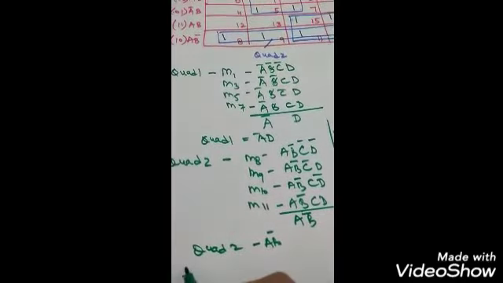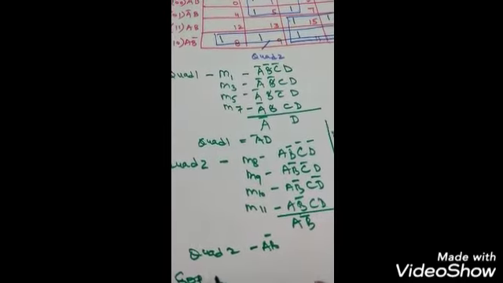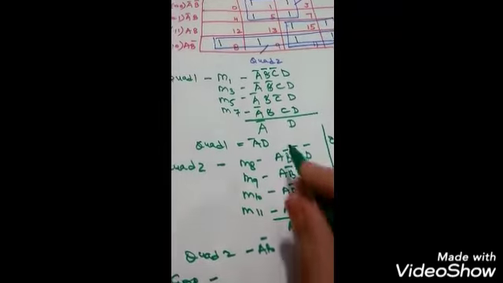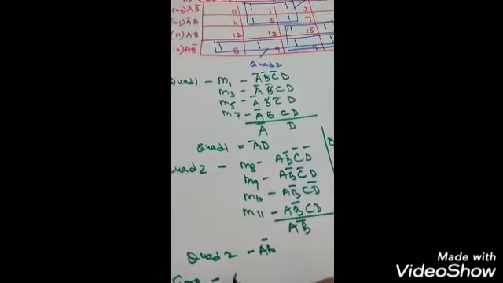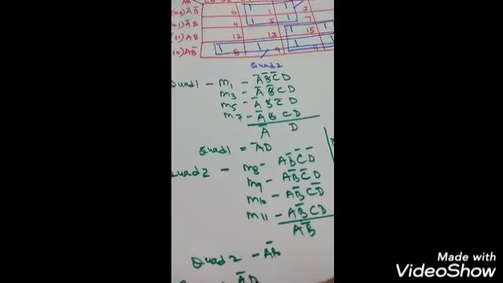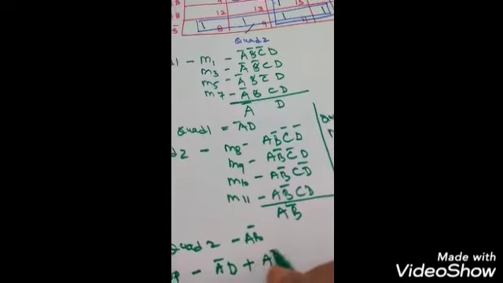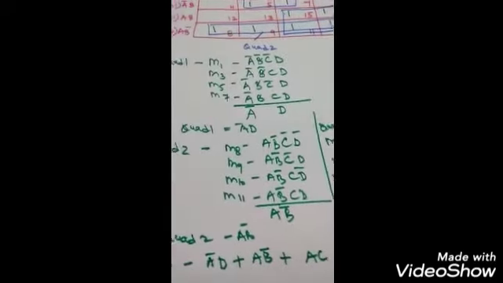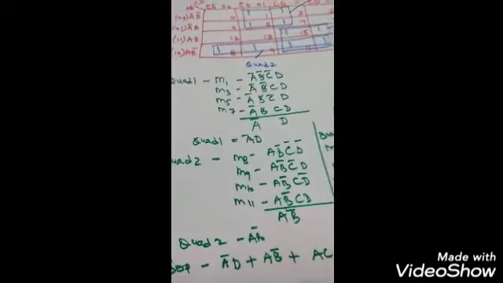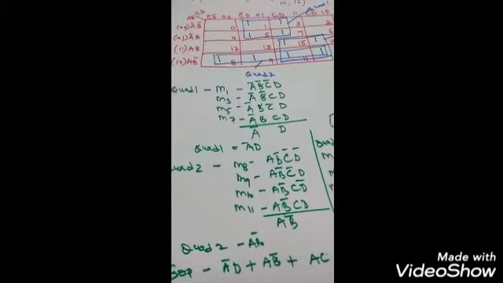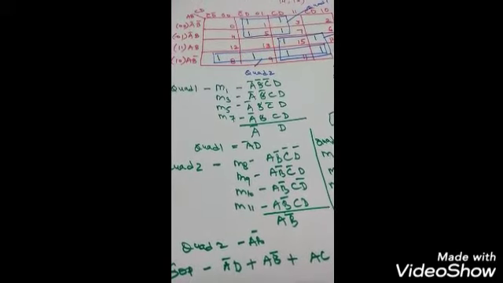So how will we write the SOP expression for this? The SOP expression is quad 1, A complement D, plus quad 2, A B complement, plus quad 3, A C. So this is the final SOP expression. As we have studied, it is called sum of products.